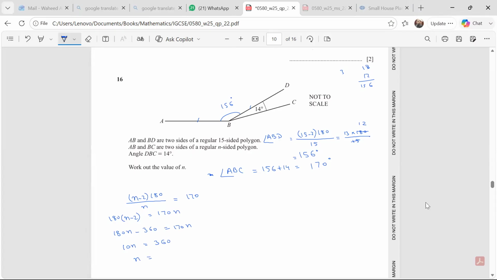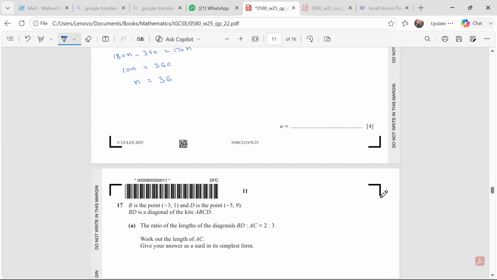So n is equal to 36. Very interesting, that this ABC is a portion of a polygon with 36 sides. I hope you understand this whole question.